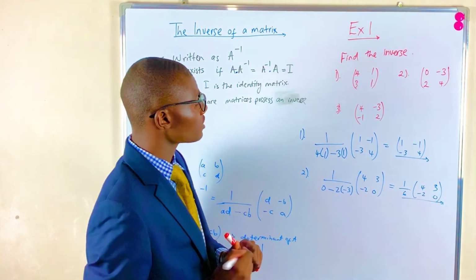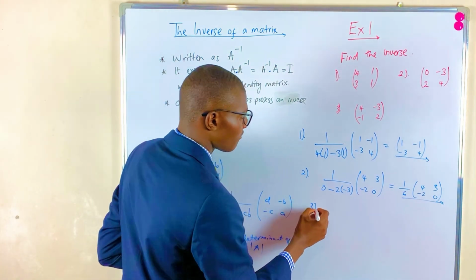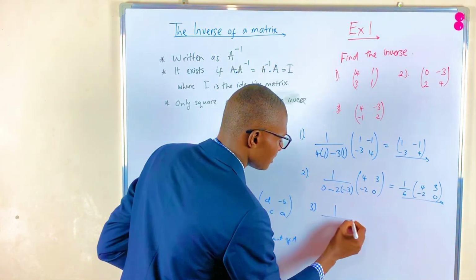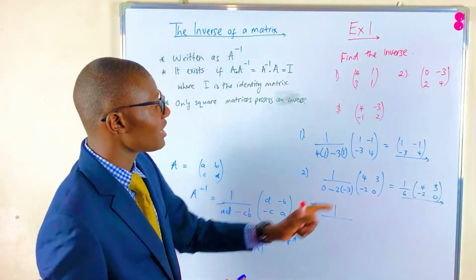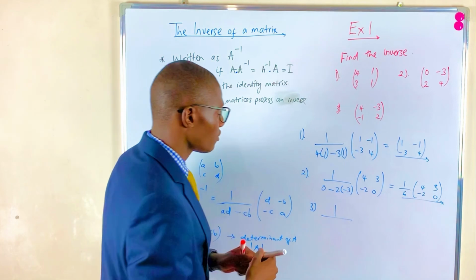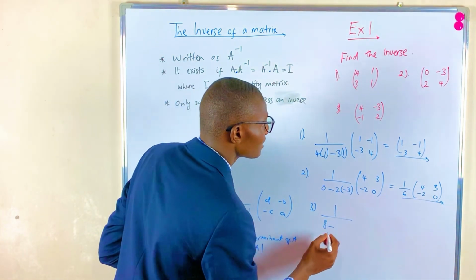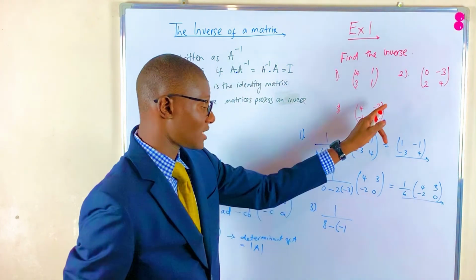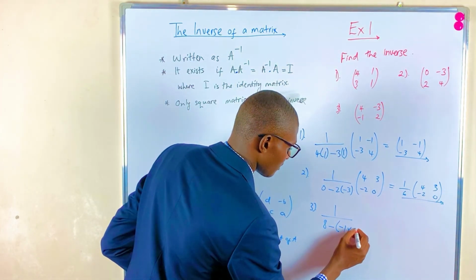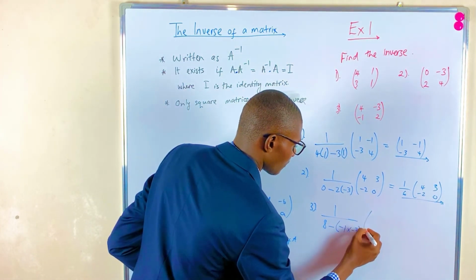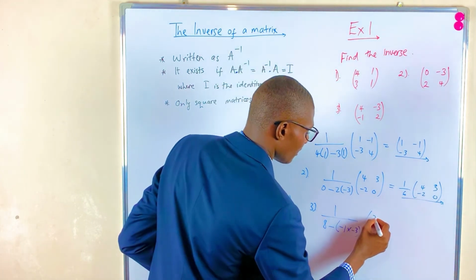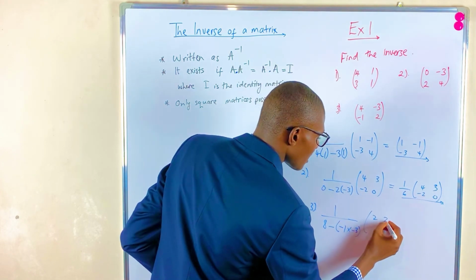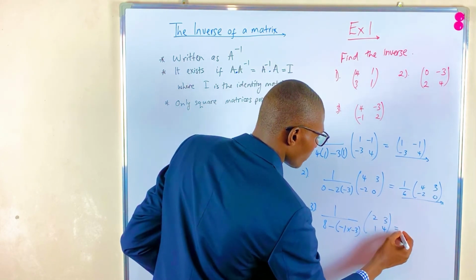Then moving on to number 3, finding the inverse for number 3. We're saying 1 over the determinant, being 4 times 2 to give us an 8, minus minus 1 times minus 3, multiplied by the matrix 4, 2, changing the signs, this becomes 3, that becomes 1.